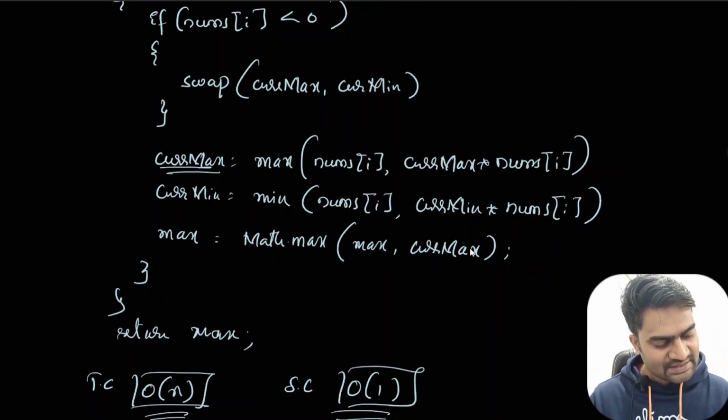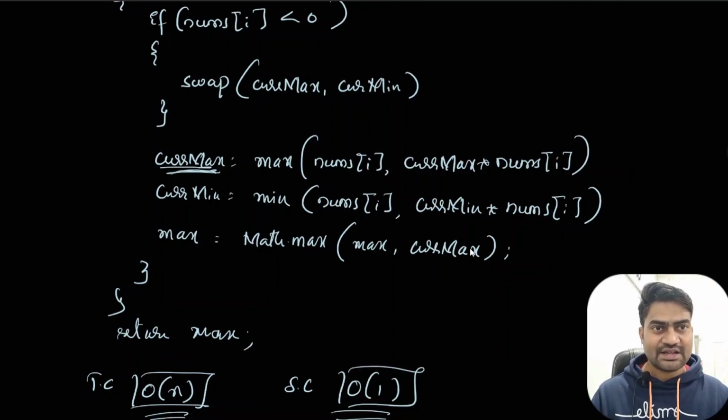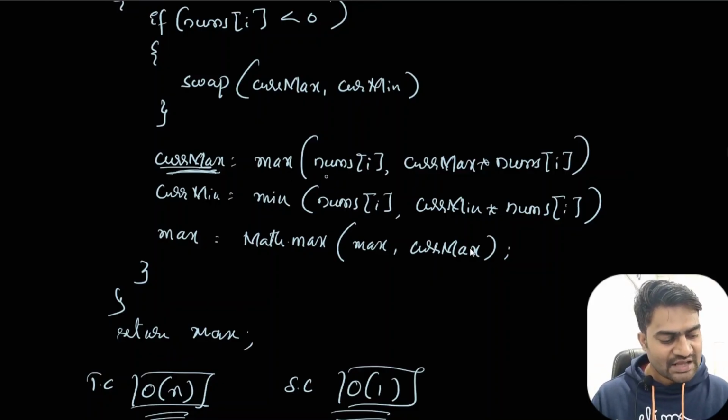Basically, we are trying to update the current max, right? When do we update the current max? The current max gets updated based on this particular nums of I. So if this is more, then we will take this number as the current max.